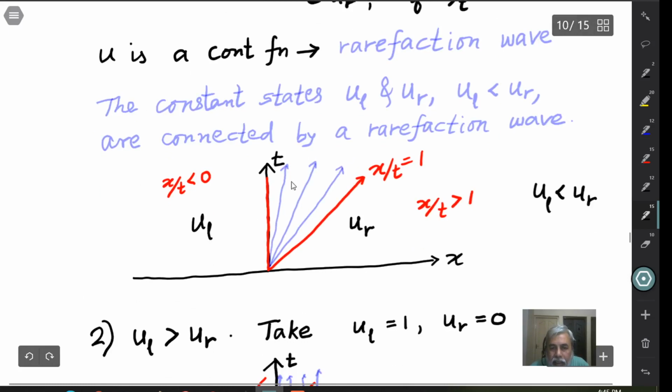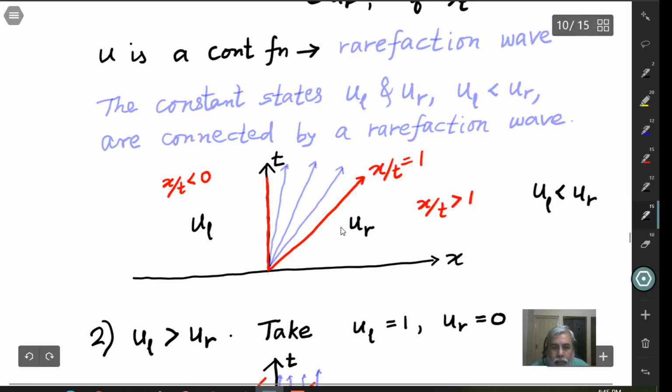This is also called a fan wave, because it looks like a fan. On the left it is constant at ul, on the right it is constant at ur, and in between we have this fan wave. The entire thing is referred to as a rarefaction wave, and ul and ur are connected by this rarefaction.